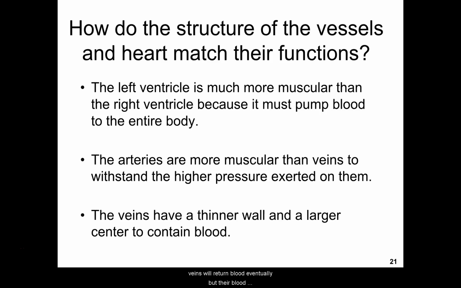The blood pressure in the veins is much lower, and therefore veins have a thinner wall and a larger center area to contain blood. Your veins actually serve as a reservoir for blood. So if you were to start losing blood, your veins hold some unused blood in reserve so that you can get some of that back and continue living.